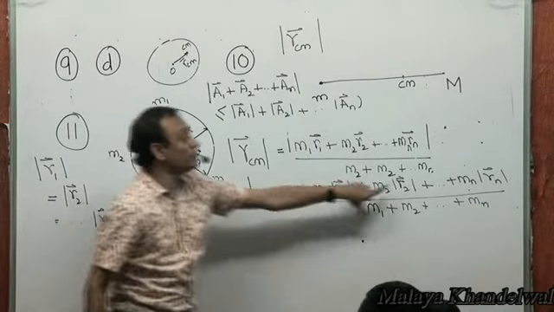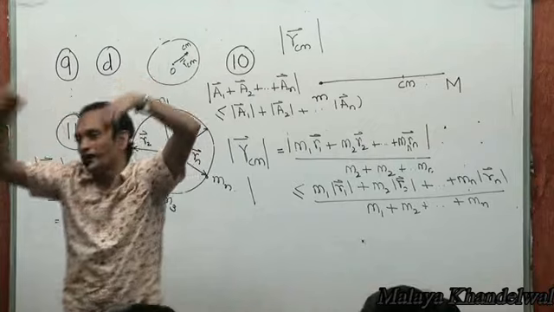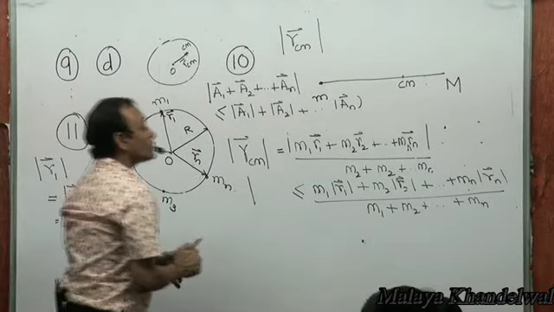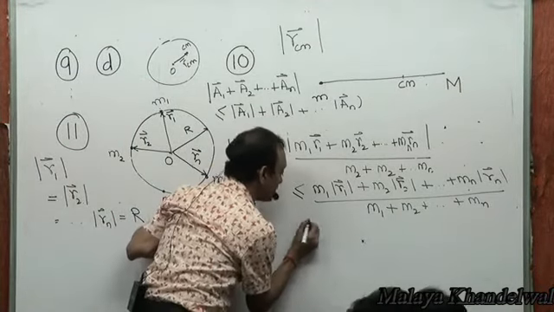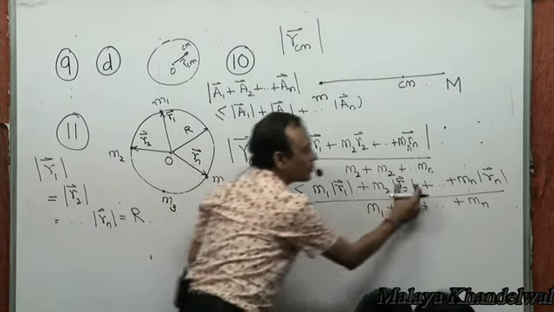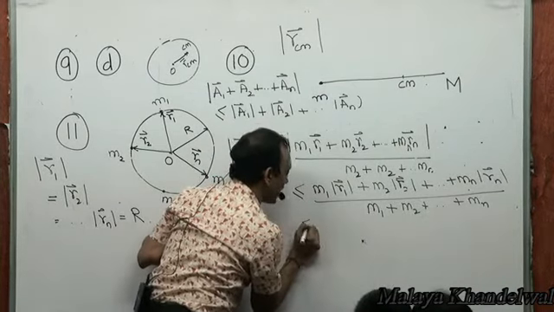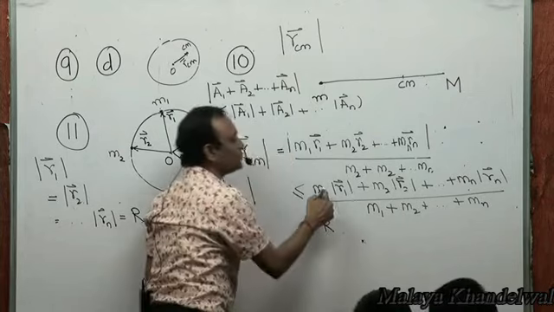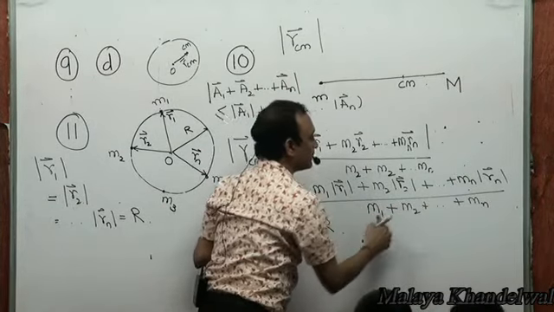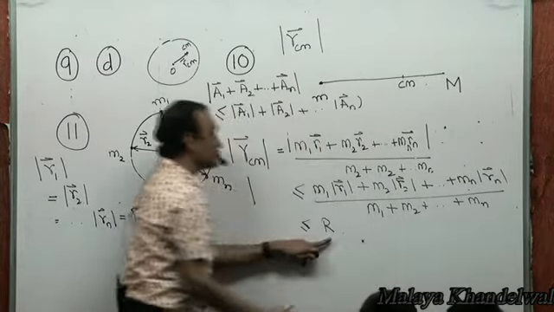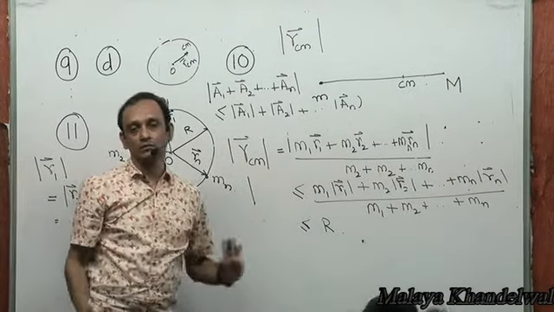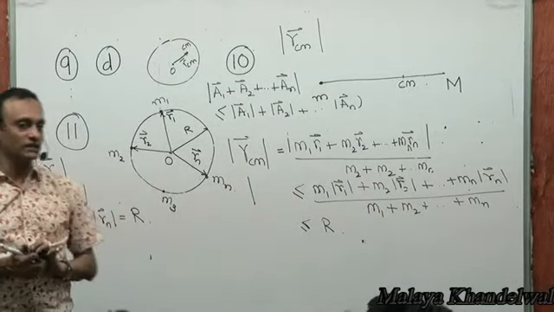Hey, but mod R1, mod R2, mod Rn, each will be equal to the radius R, right? So this will be less than or equal to mod R1, mod R2, mod Rn, each replaced by R. Then inside you have M1 plus M2 plus Mn by M1 plus M2 plus Mn, which is 1. So it will be less than or equal to R. Just a formal way of looking at things.